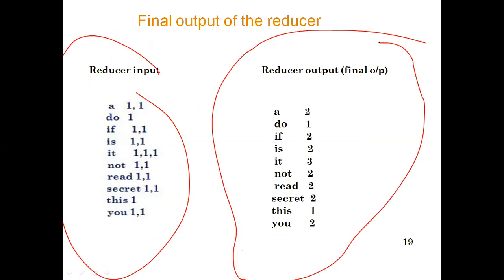Now I hope you have got the idea why we programmed it like this, why we assigned the value 1. The only reason is it is very easy to calculate the sum. For A, it was 1 plus 1, that is 2. For do, it was 1, so it remained 1. For it, it is simply 1 plus 1 plus 1, that is 3.